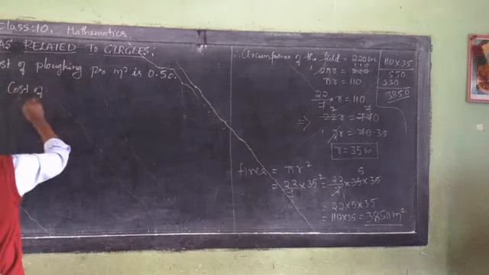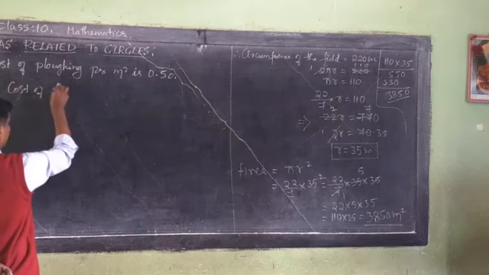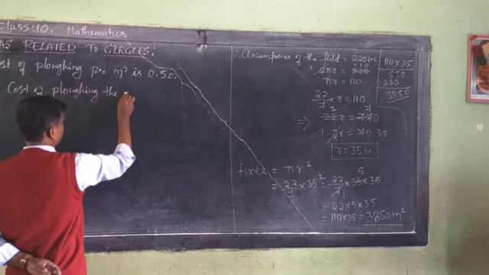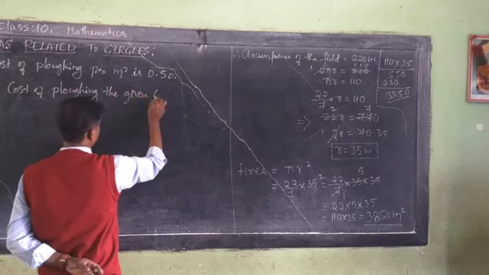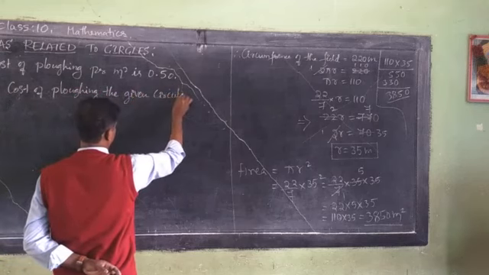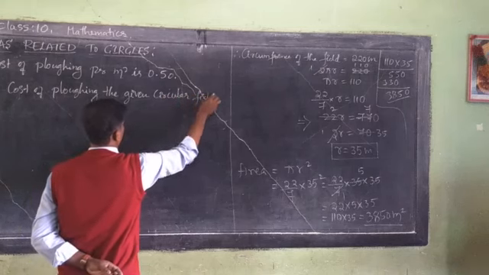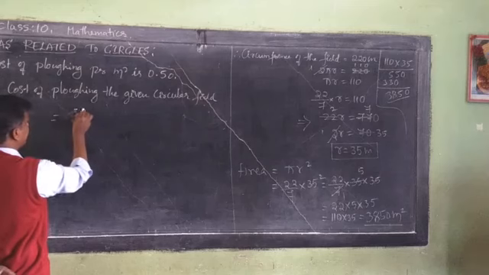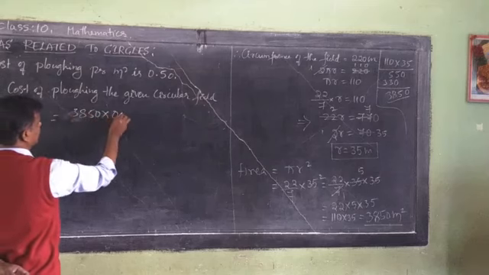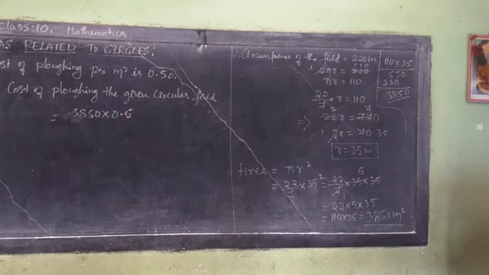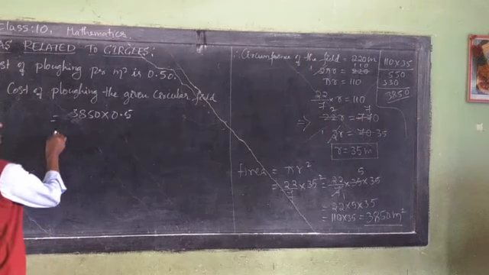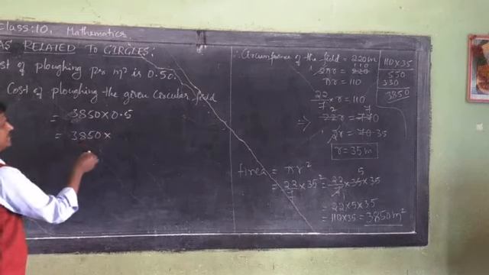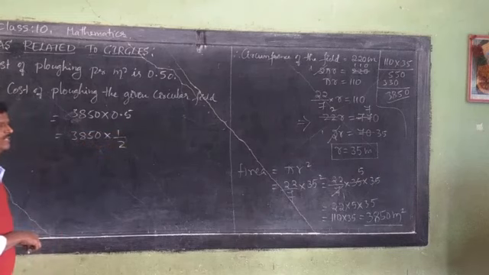Therefore, the cost of luffing the given circular field is equal to 3850 into 0.5. 0.5 means half, so we have to take half of this.